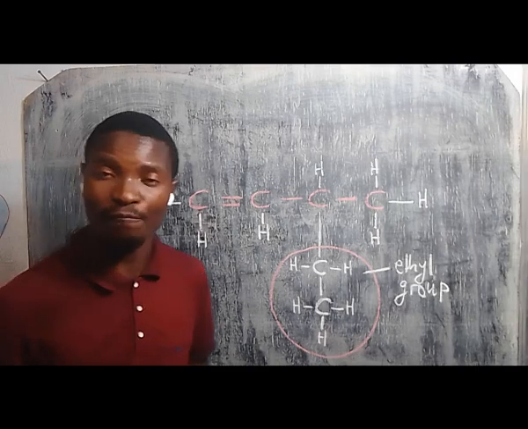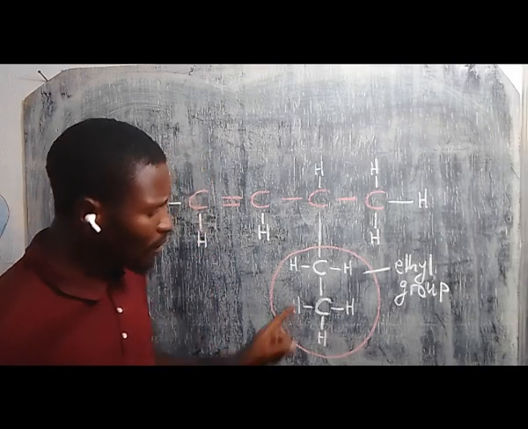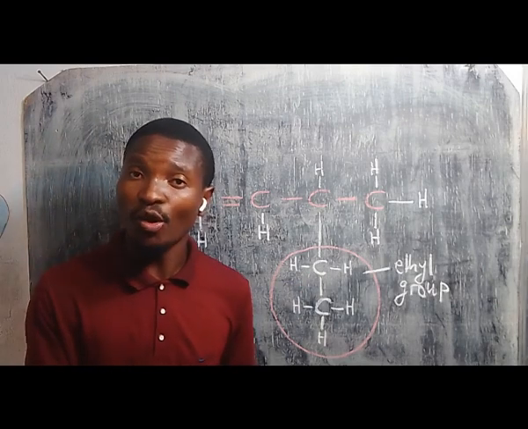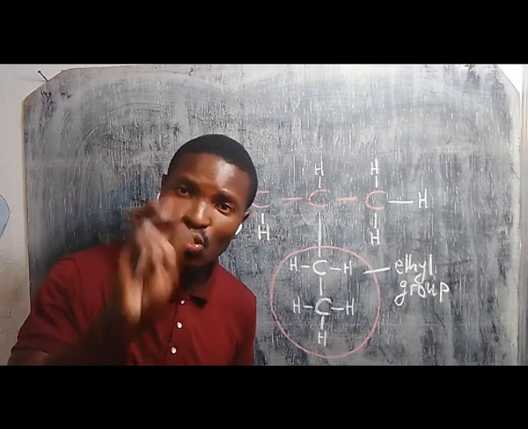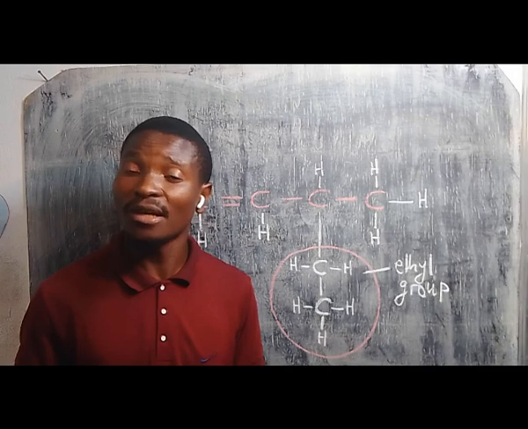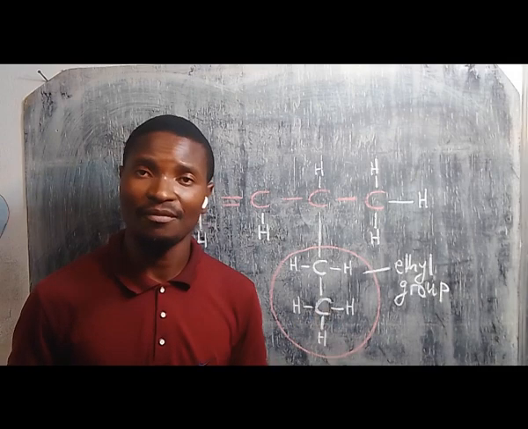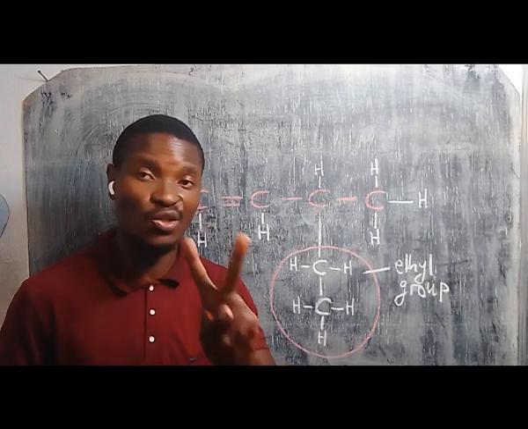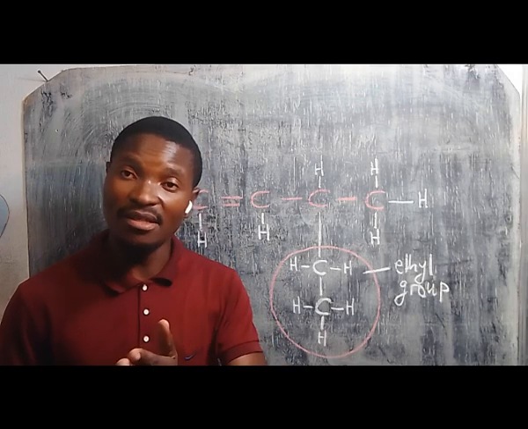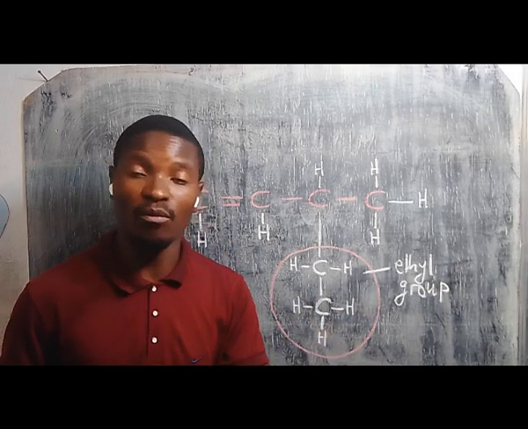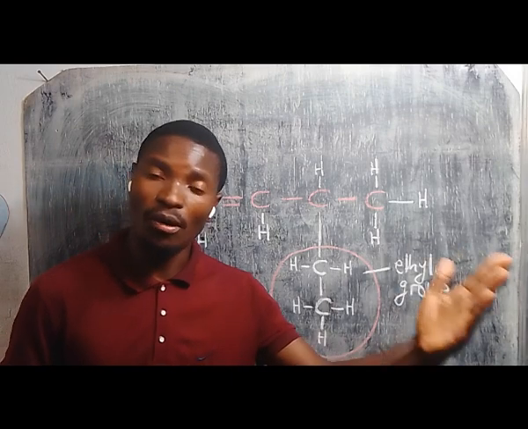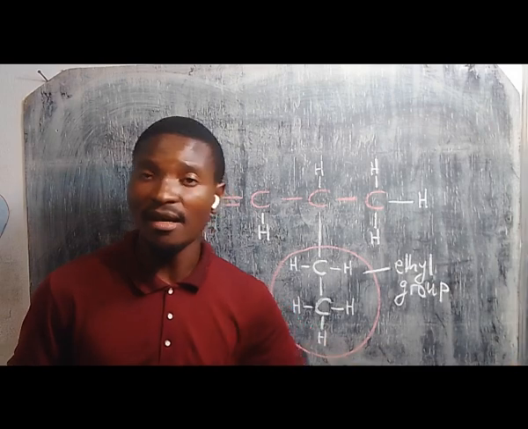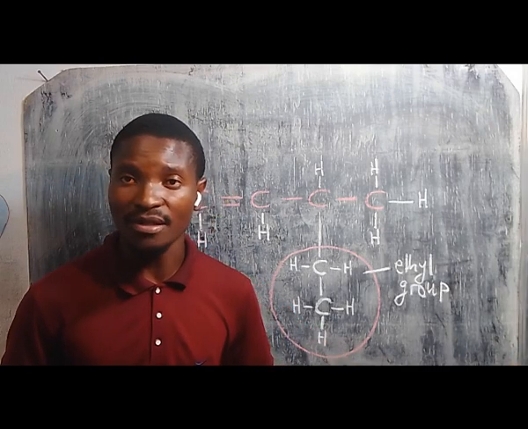A hydrocarbon compound which has two carbons is normally called an ethene, or if you want, an ethane. So eth means two carbon, be it in alkenes, the double bond hydrocarbons, or ethane in alkanes as single bond hydrocarbons.